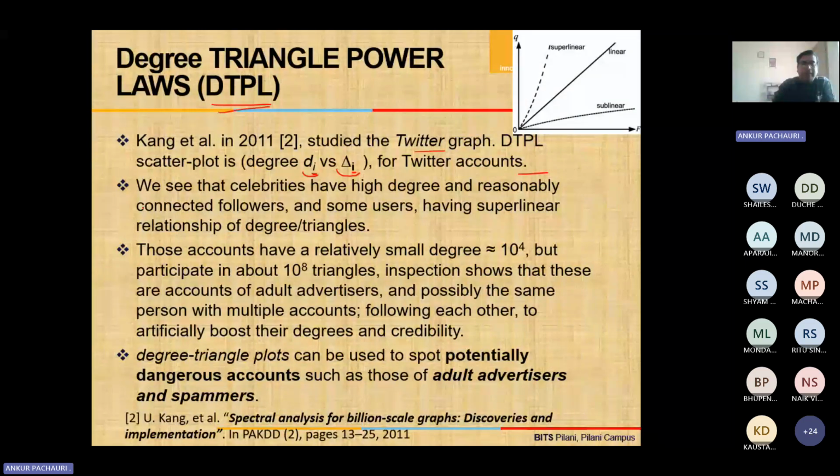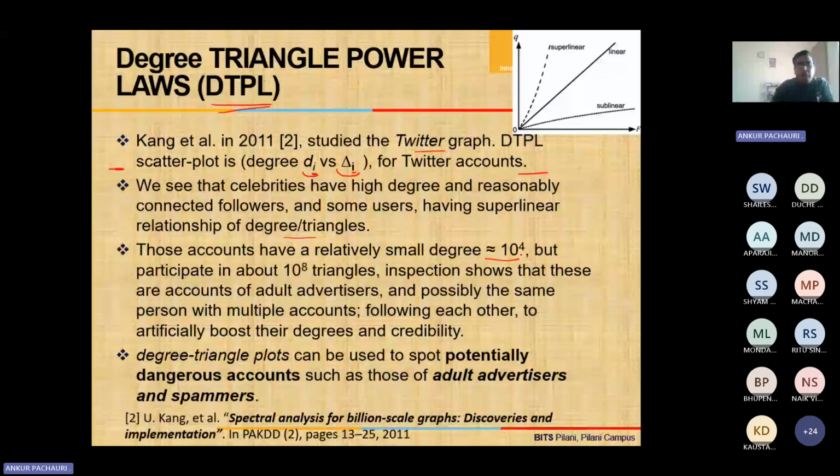So what were his observations? He observed that celebrities have higher degree and reasonably connected followers, and some users have a superlinear relationship of degree versus triangles. So linear, sublinear, superlinear, exponential type of a thing. Those accounts have a relatively smaller degree, around 10 to the power 4.